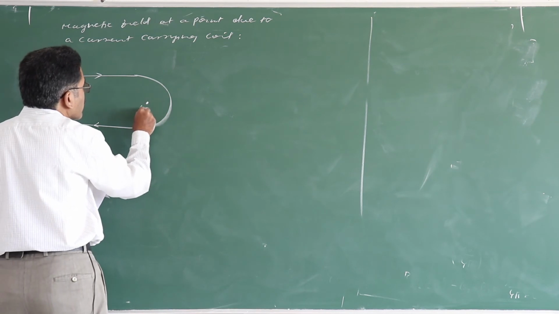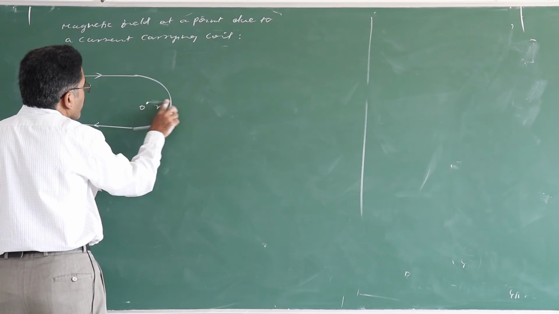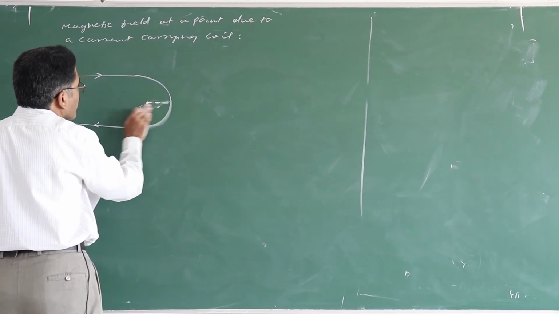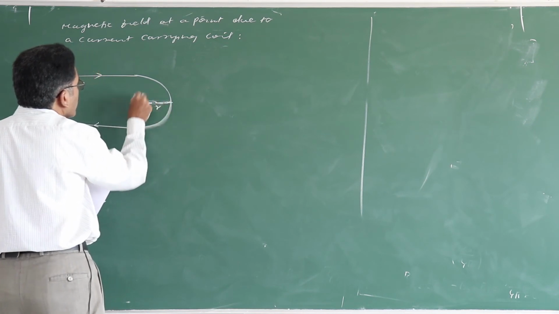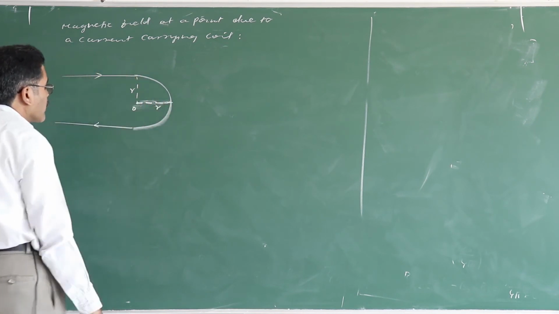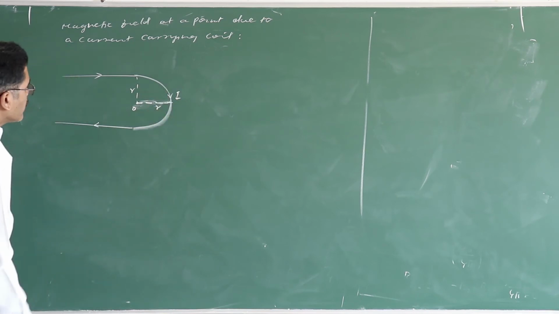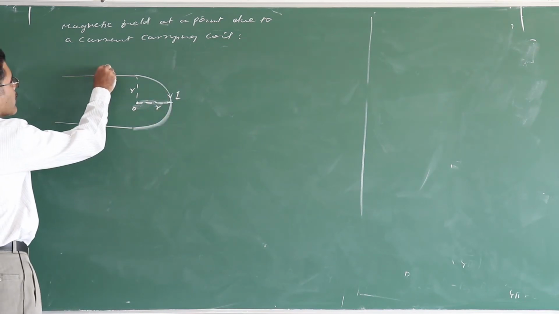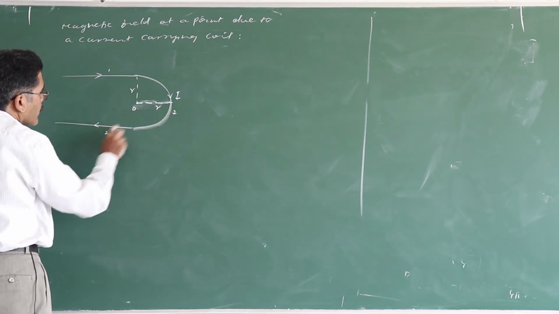This is the center, this is R. This is R, this is also R. It carries a current I. Again, we have 3 segments, 1, 2, 3.